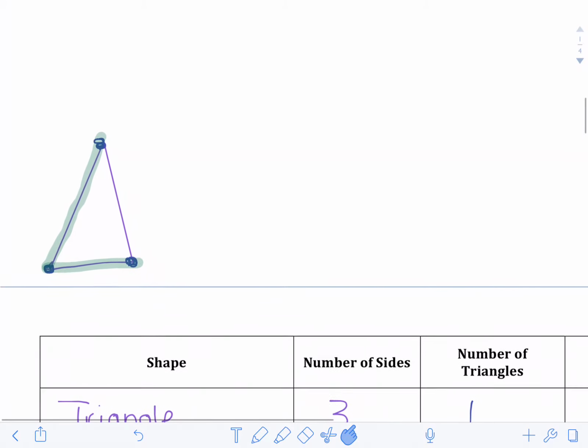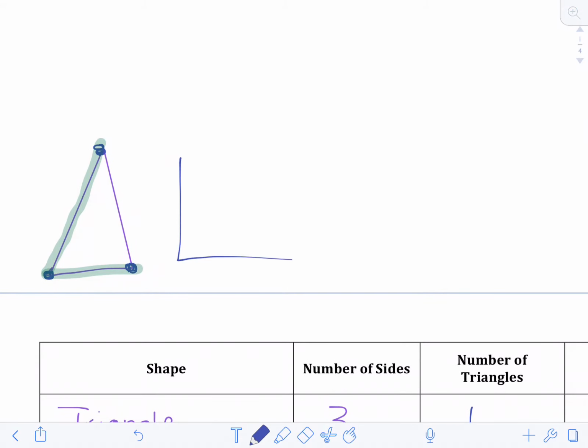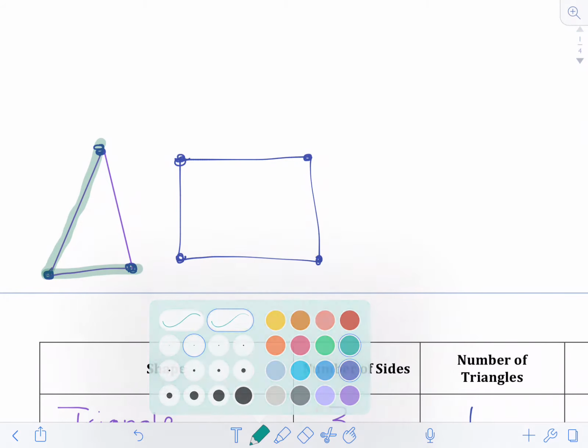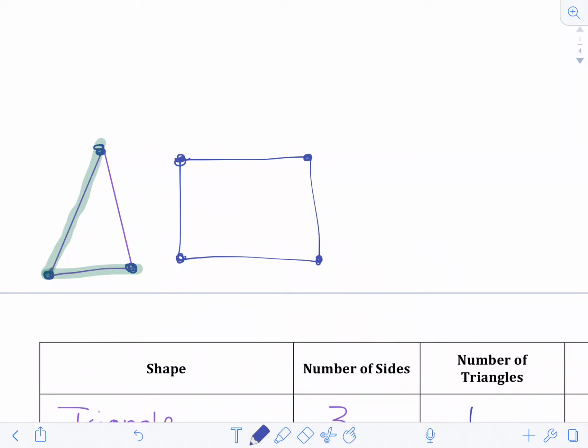So we just have 1 triangle. Quadrilateral has 4 sides. Doesn't matter what kind of quadrilateral. So again, I'm going to put circles on my vertices. And then with my highlighter, I'm going to go from a vertex. You just pick one, and you connect all the vertices to that one point.